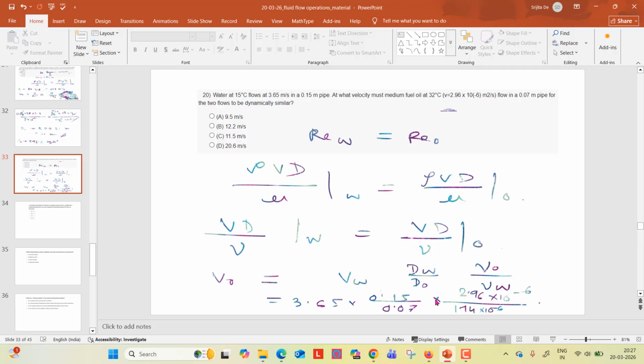So it is coming as 3.65 into 0.15 into 2.96 divided by 0.07 into 1.14. It is coming as 20.3 meter per second, which is close to this option D. Okay.